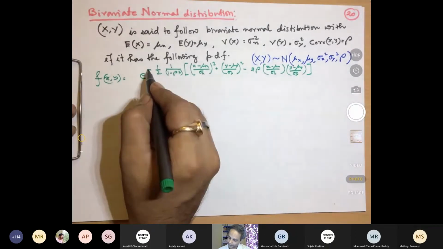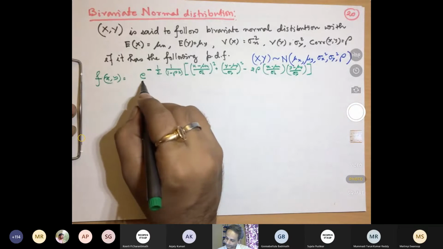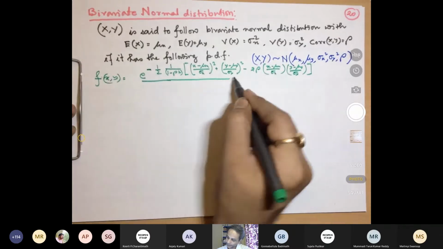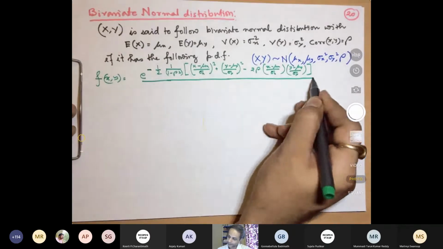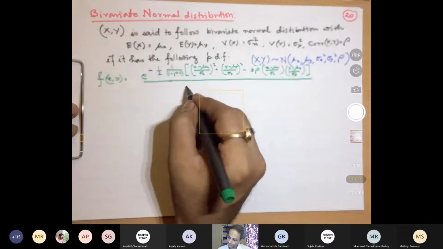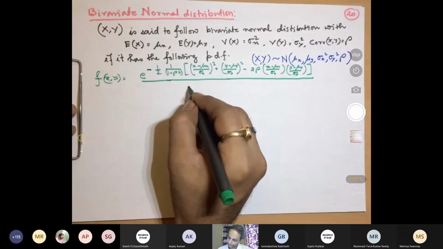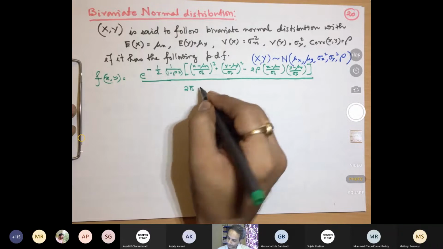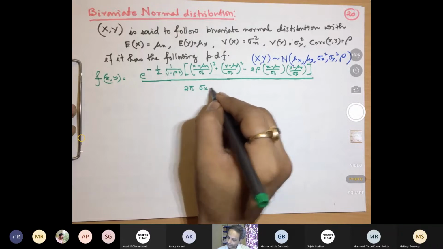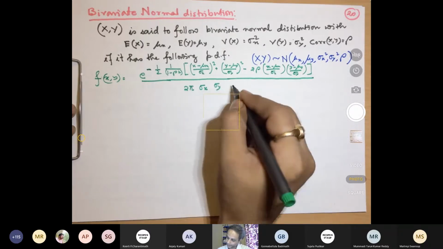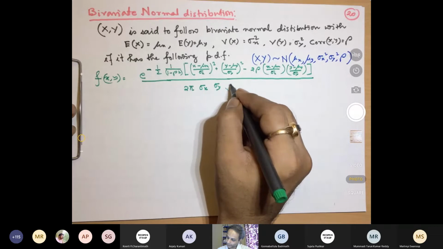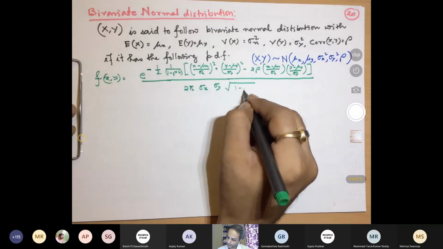This entire thing is in the exponent, and then the whole expression is divided by 2 pi sigma x sigma y into square root of 1 minus rho square.